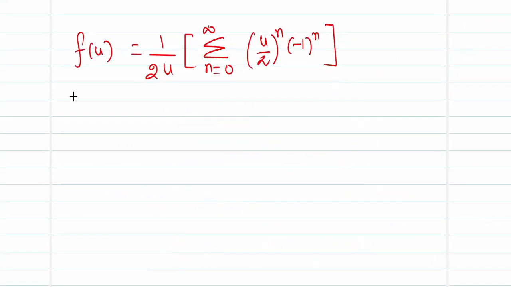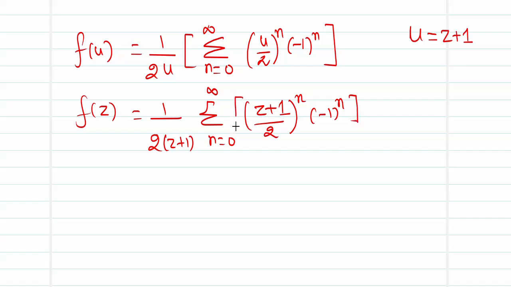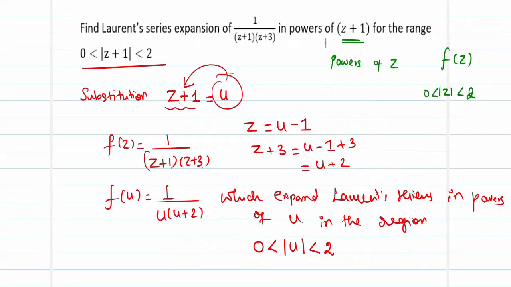Resubstituting, f of u will now turn out to be a function of z by replacing u with z plus 1. The function will now be 1 by 2(z plus 1) summation n varying from 0 to infinity (z plus 1 divided by 2) whole to the power of n and (minus 1) power n.